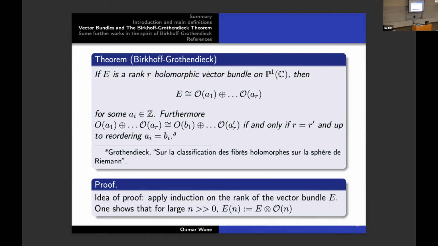And the O(ai) are the ones we introduced before. Furthermore, we have that if O(a1) direct sum ... direct sum O(ar) is equal to O(b1) direct sum ... direct sum O(br'), then we have r equals r', and up to reordering, the ai and the bi are equal.